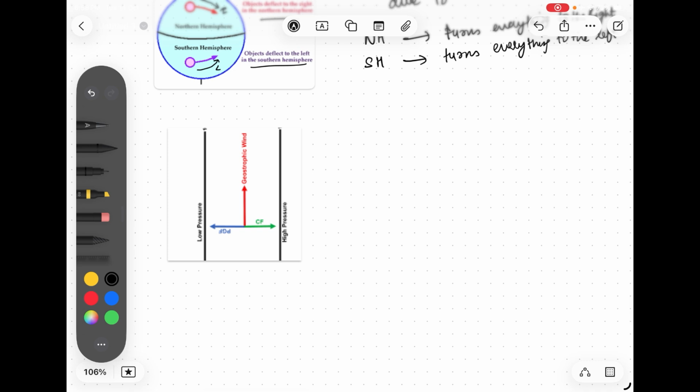Okay, I'll draw a table for better understanding. So let's make a table and put Coriolis force here and pressure gradient force here. Okay, so these are the two forces that we talked about. Coriolis force, we know that it is due to the rotation of the earth. Everything turns in the right direction in the northern hemisphere, and everything to the left in the southern hemisphere. And for the pressure gradient force, we already know the definition, that the closer the isobar, the higher the pressure gradient force is.